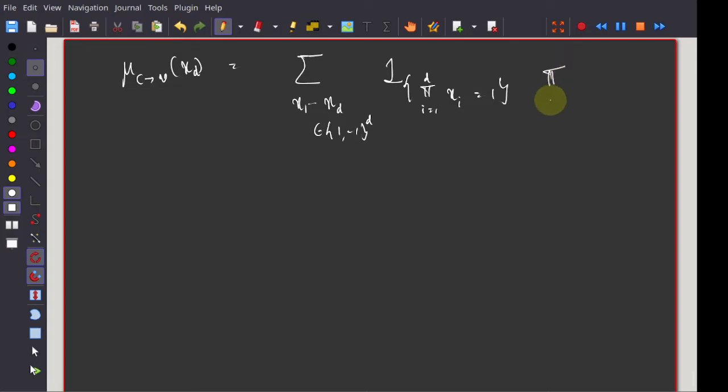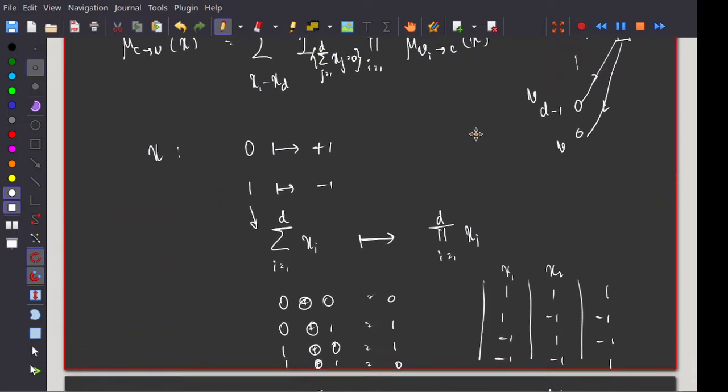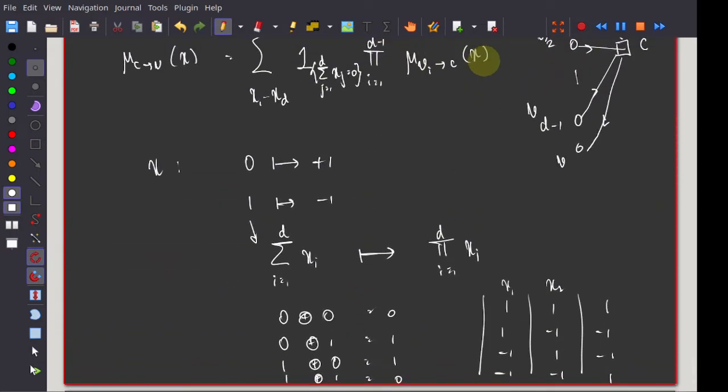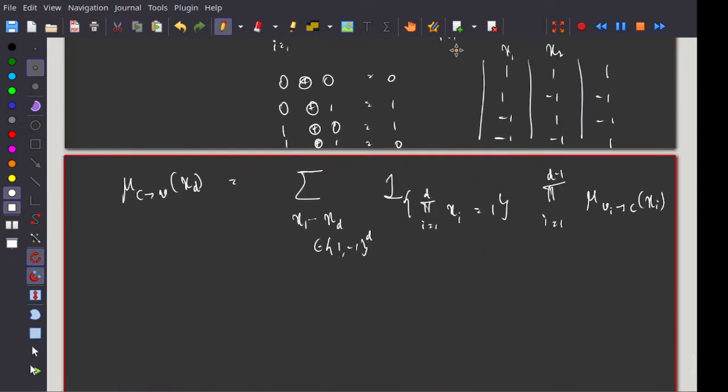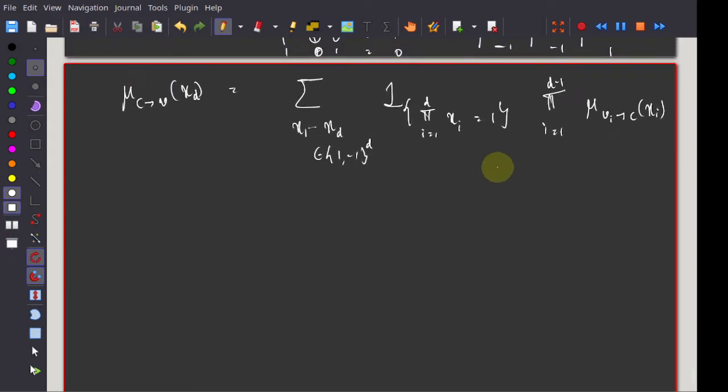Times the product of all messages, i equal to 1 to d minus 1, mu of x_i. So this is the message update rule at the check node.